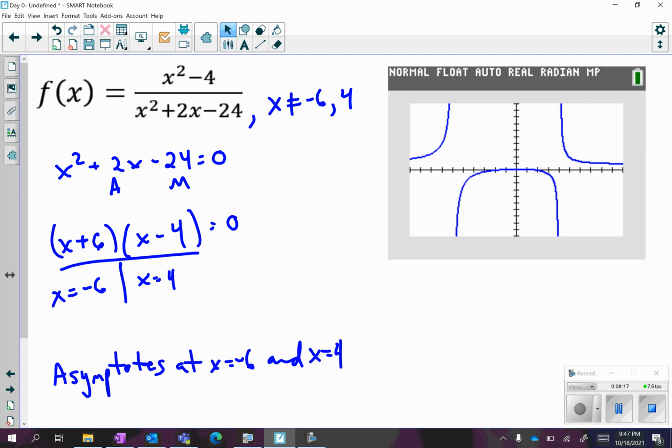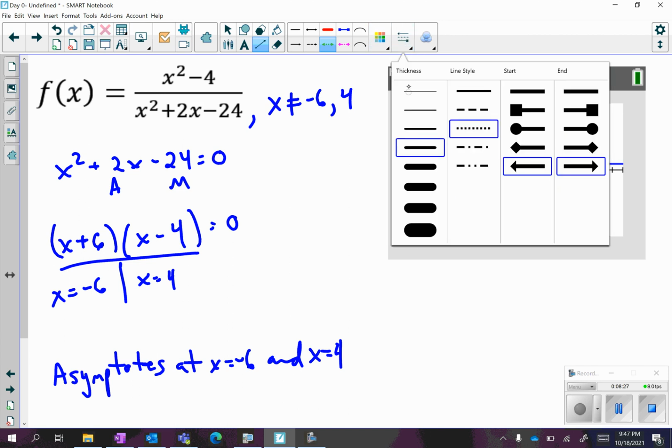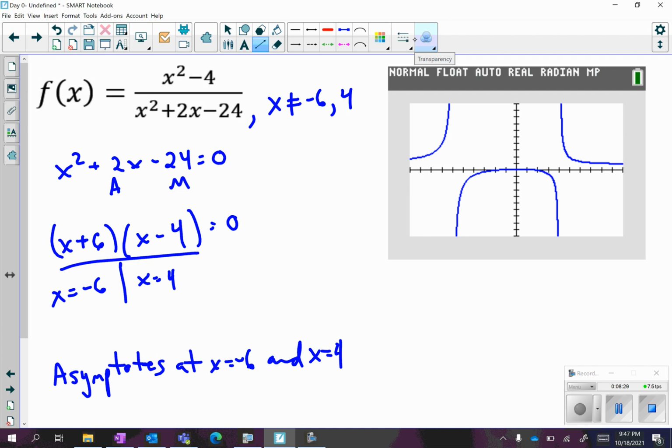I already put it in the calculator for you. You do have your two asymptotes. We have two weird things happening here. Let's go with a little thinner line. Perfect. And let's draw them. Now, my lines aren't really exact, but there we go.